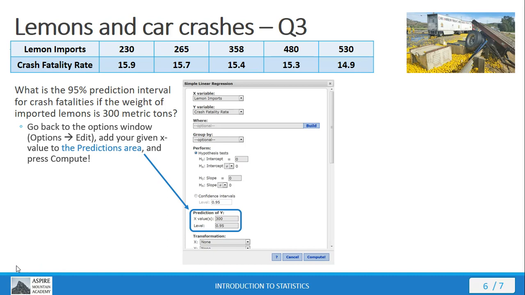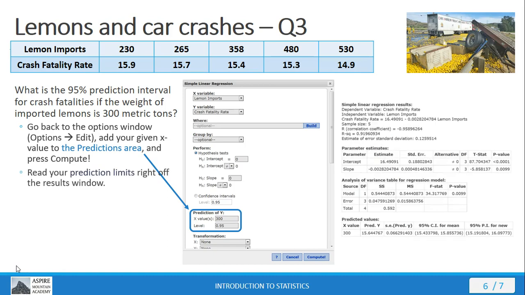That is the default value for the prediction level, so we don't need to make any changes to it. Sometimes you won't be given a prediction level, in which case, just leave that alone. The default of 95% will be just fine. Press Compute, and out comes our predicted values underneath the ANOVA table. Here's our prediction interval, the lower and upper limits. You can just pull that right off the table. No need to adjust anything.